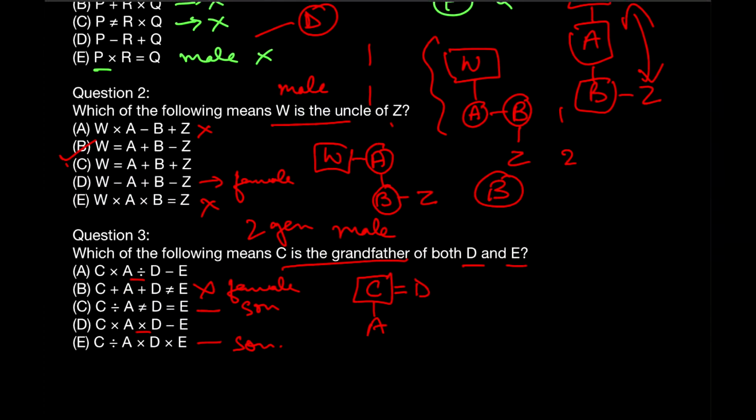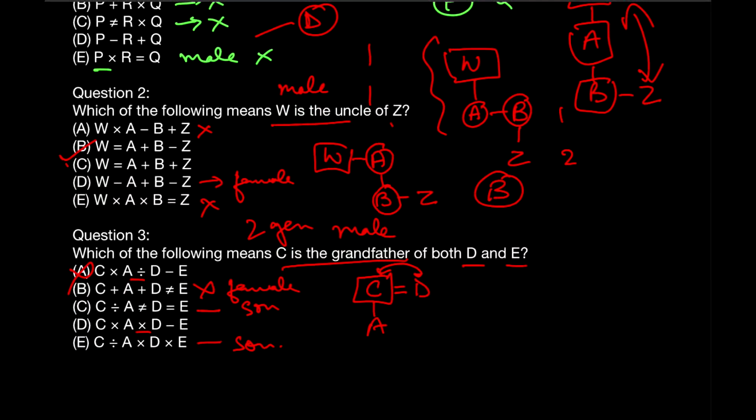So there can be one possibility that D is the mother, or, wait a second, why will we even do this? Look at this. We are bringing C and D at the same level, which is not possible at all. So that is why option A is gone.